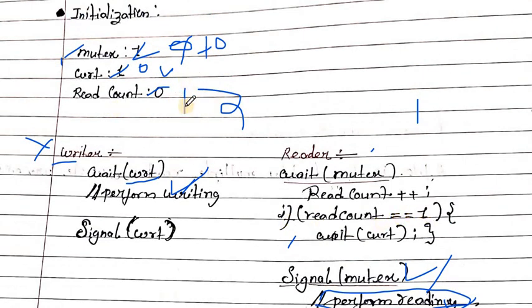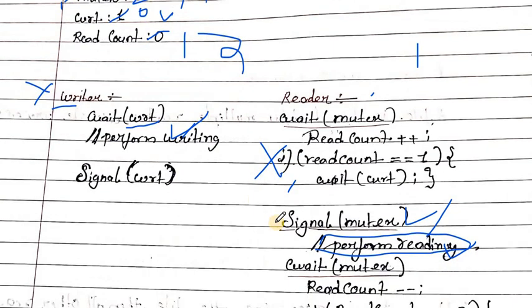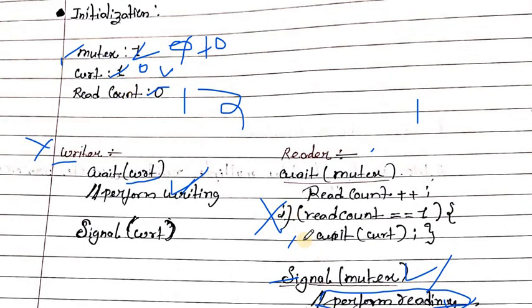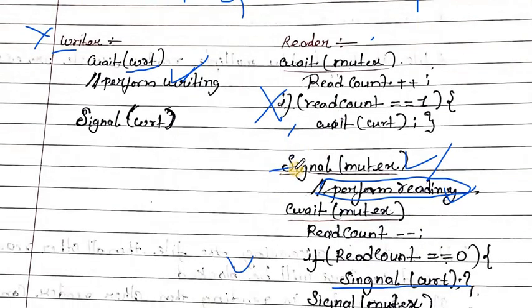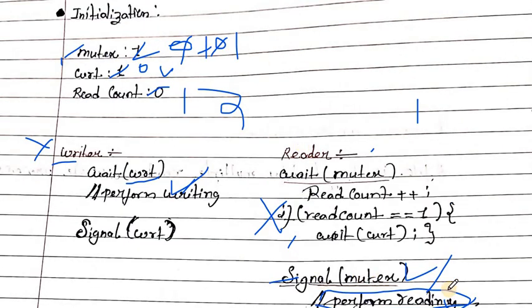No, it has become 2, so it can't enter the if condition and goes to signal mutex. Mutex becomes 1 now and reading is performed. Here 2 readers are performing reading together, and the read count is 2. Files are not blocked for readers, and writers are blocked here, as the write value is 0.